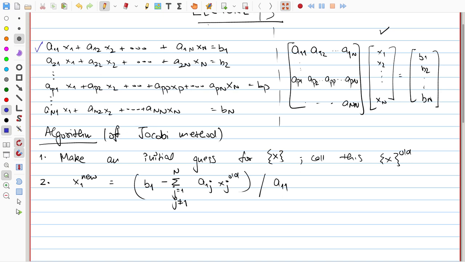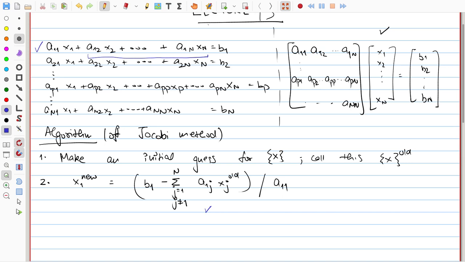What I have done is I have moved all these terms to the right hand side and calculated the value of x1 using the old values for x2 all the way to xn. This summation is nothing but the same thing. It's a summation of j going from 2 to n. So one way to write that is j going from 1 to n, but j is not equal to 1. So that means the summation is from j equal to 2 to n.